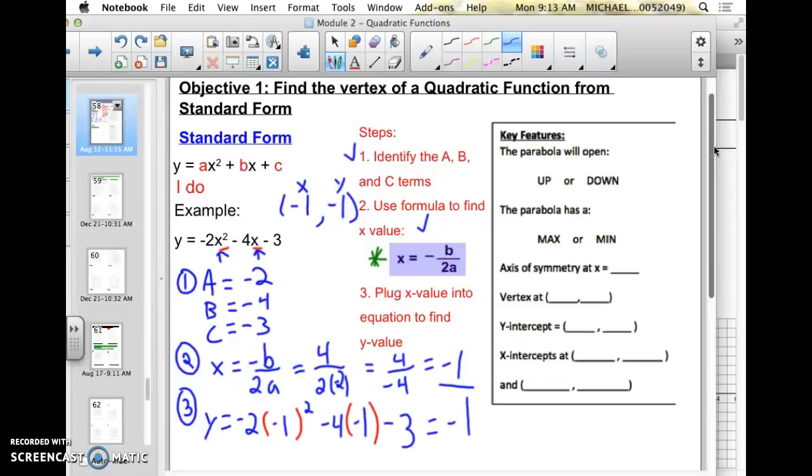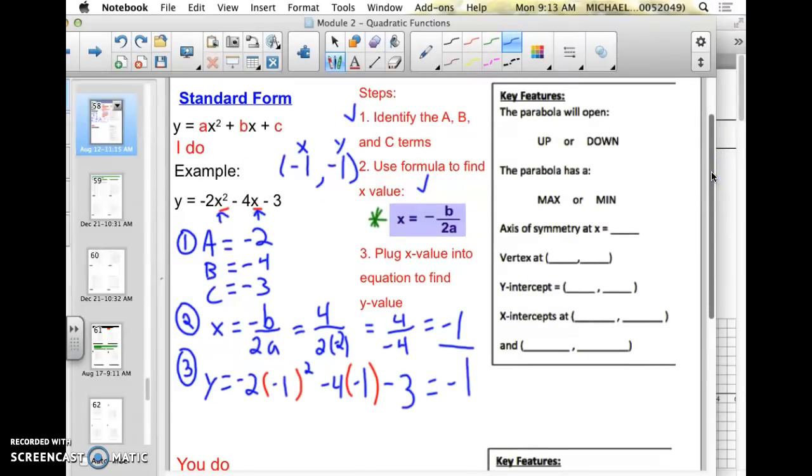And that is the process. Any time a function is given to you and you have to find the vertex, you use the formula x equals opposite b over 2a to find the x value. Then, to find the y value, plug it back into the equation for the original function and compute the math. So I have found the vertex at negative 1, comma negative 1.